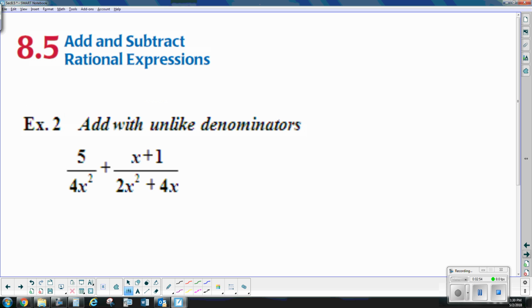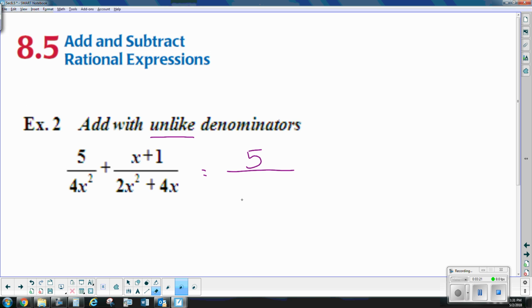So here we're going to add with unlike denominators. The first thing I'm going to do is factor my fractions. So 5 over 4x squared is the same as, well, actually, 5 over 2x times 2x.